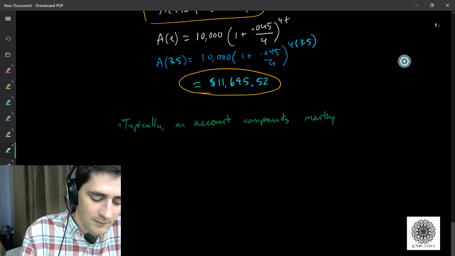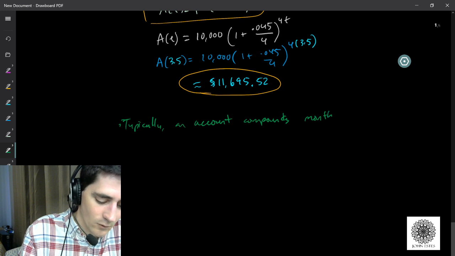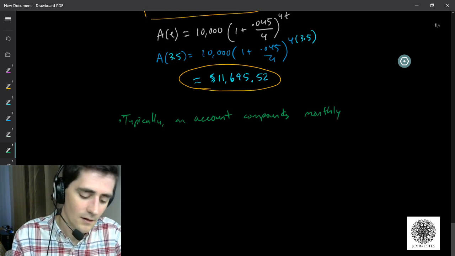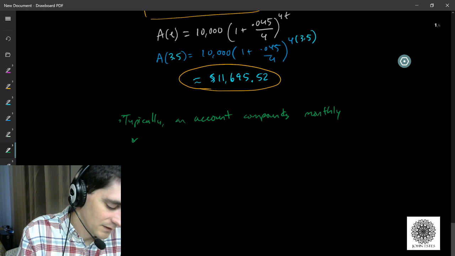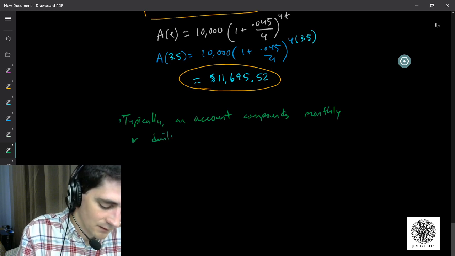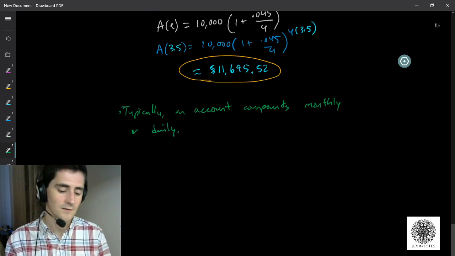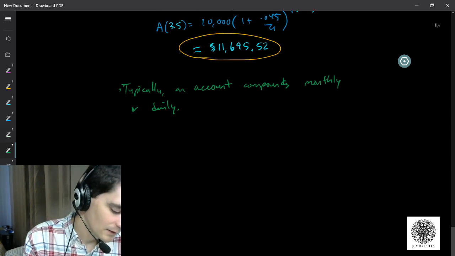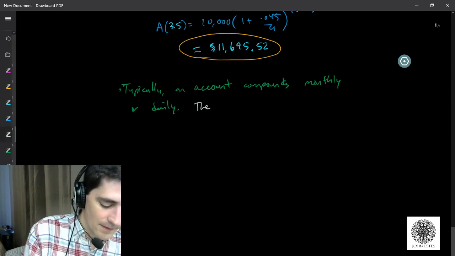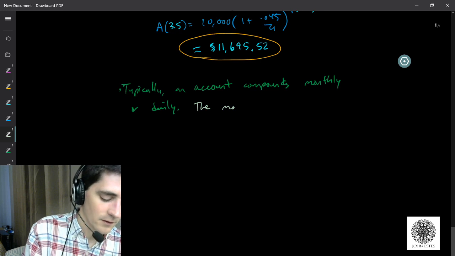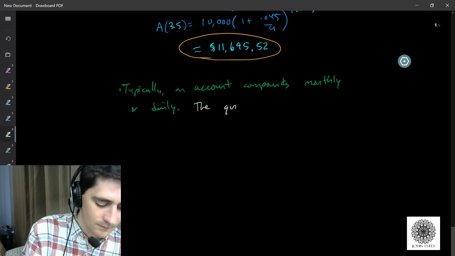Okay, so like a mortgage might compound monthly, or what's even worse is daily. So some credit cards compound daily. All right, now the thing is, the more compounds, the quicker the compound.